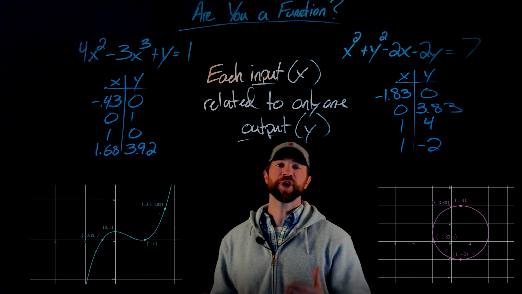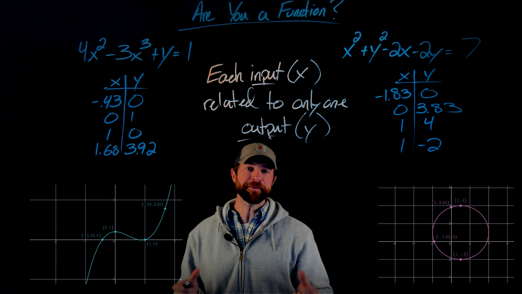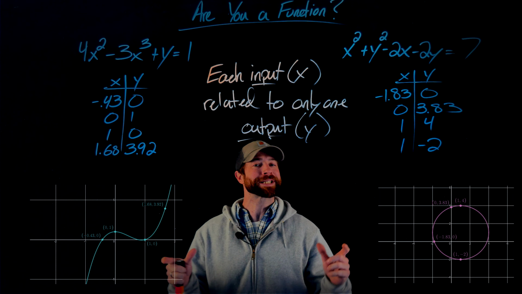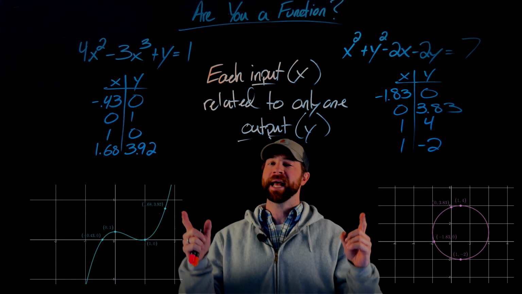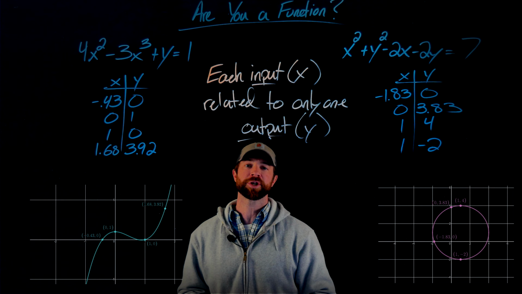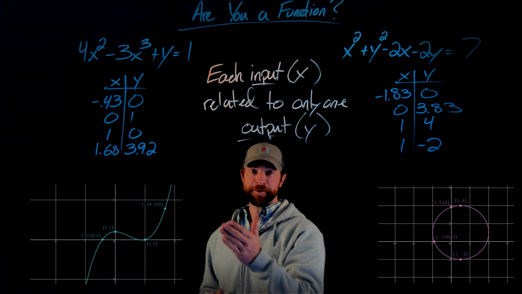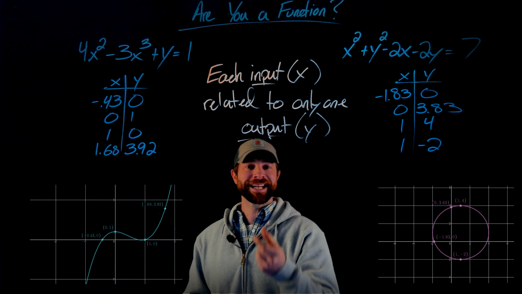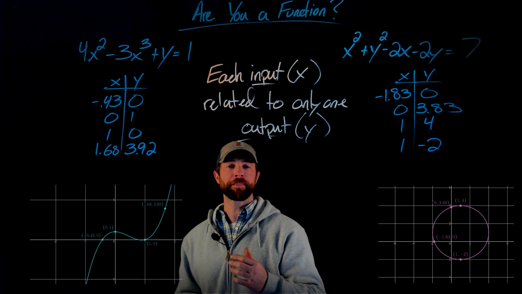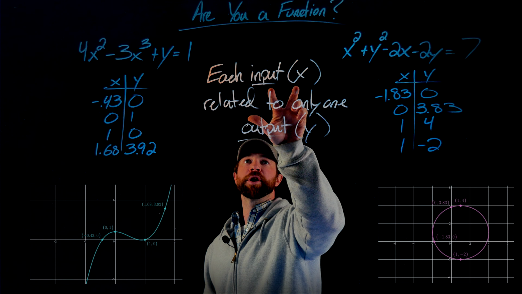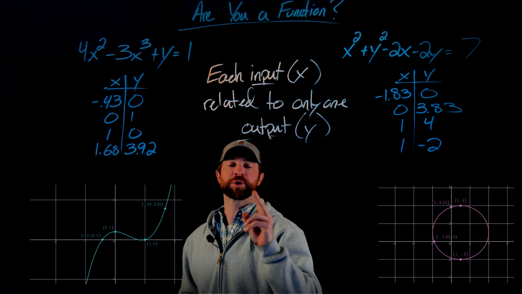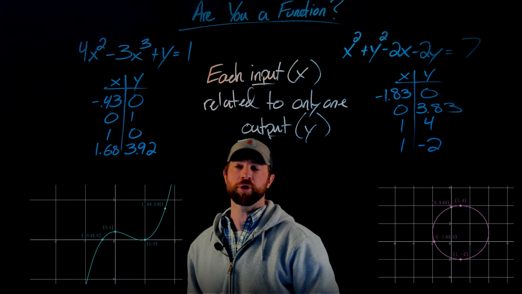When determining whether a relation is a function, it can be difficult to analyze the equations, though it's not impossible. This video is going to focus on analyzing the tables and the graphical representations of these relations. In the first example here, if we want to analyze the table to see whether this represents a function or not, we need to investigate whether there is an input or an x value that's related to more than one output.